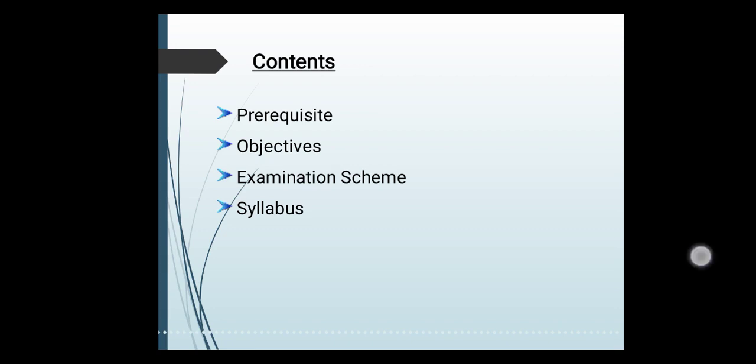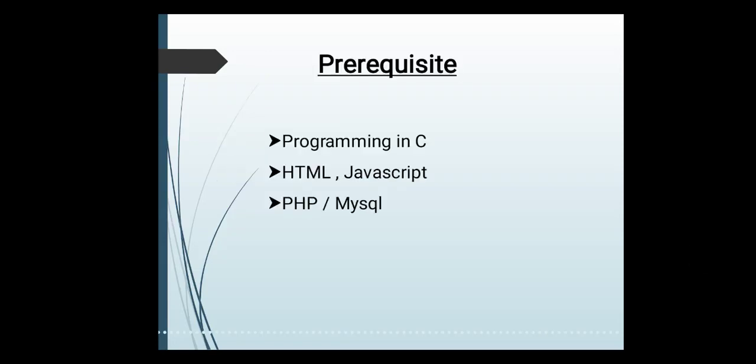Now first, what are the different prerequisites for learning this subject? The prerequisites for learning this subject are all the concepts of C programming, which you have already learned in the first year. The different concepts of C programming should be known to the student for learning this .NET subject.